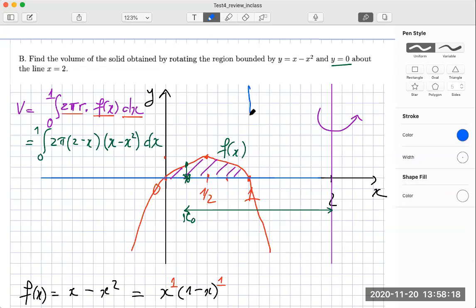If we rotate it here. Perfect. Then the only difference is the r here, right? The distance from the point to the axis it rotates about. Okay?